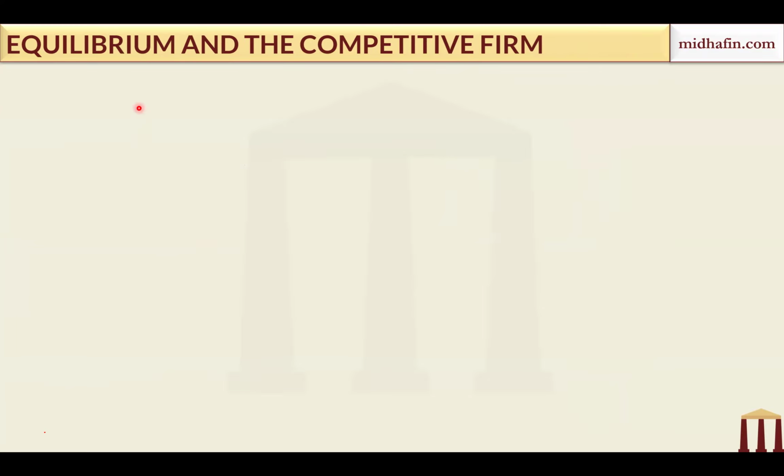Now let's talk about equilibrium and the competitive firm. So let's just understand this by considering an example. Let's say you have a supply function. It represents the market supply, so the collective output decisions of all producers. Basically, QS is equal to 50 plus 5P.